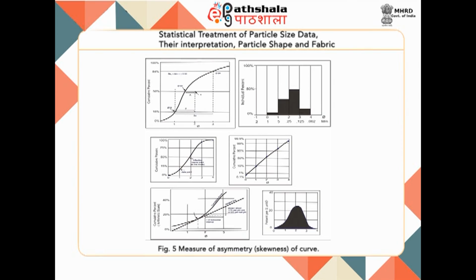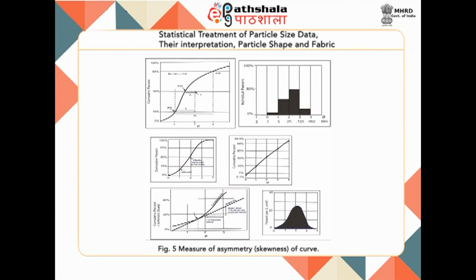Then the distance a is the displacement of the median, that is phi 50, from the midpoint x. The skewness measure is then a by sigma, where a is phi 16 plus phi 84 by 2 minus phi 50, and sigma is phi 84 minus phi 16 divided by 2.